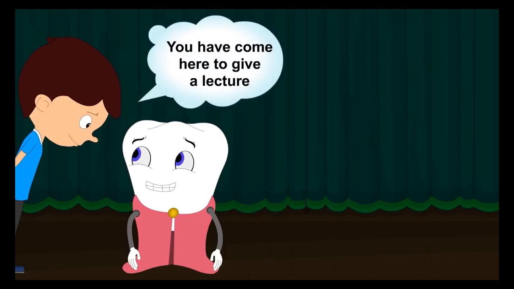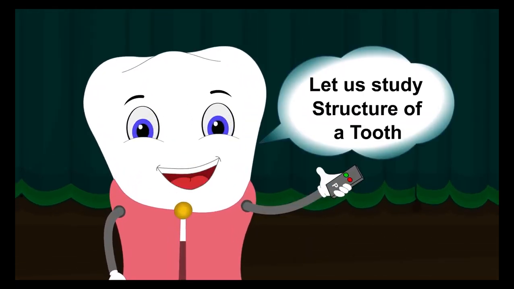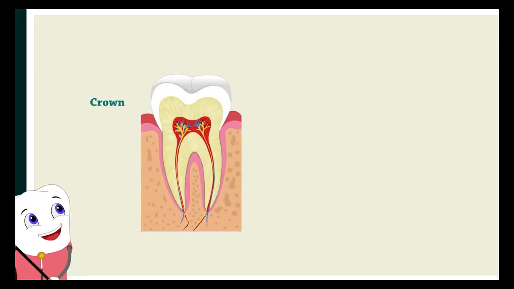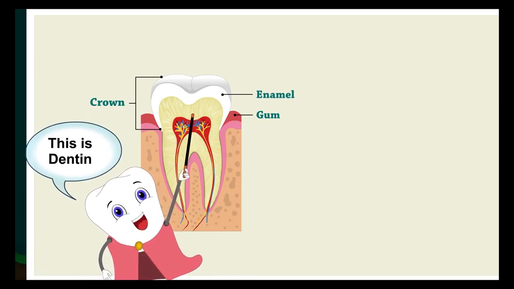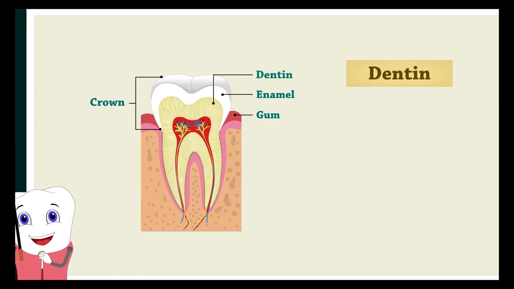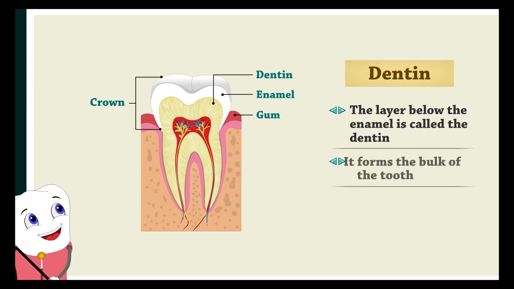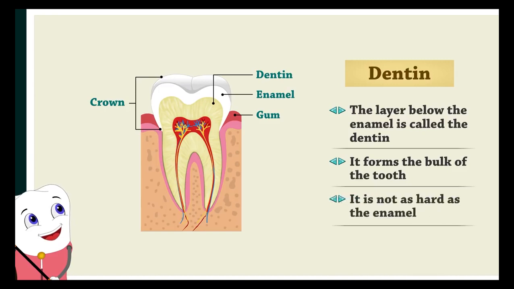You have come here to give a lecture. Let us study structure of a tooth. This is dentin. The layer below the enamel is called the dentin. It forms the bulk of the tooth. It is not as hard as the enamel.